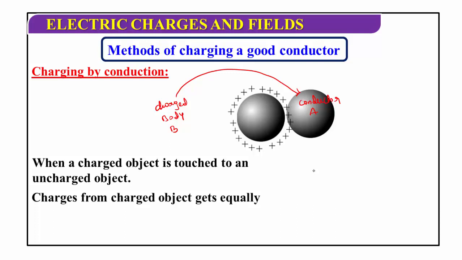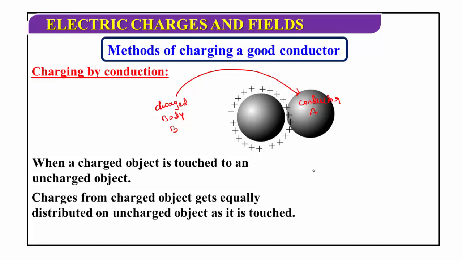Charges from the charged object get equally distributed on the uncharged object when it is touched with body A. This is called charging by conduction.